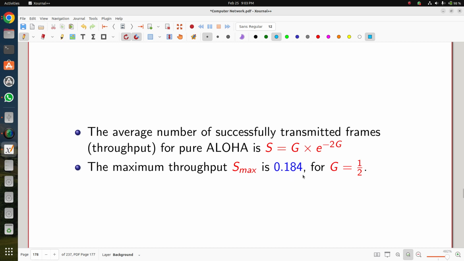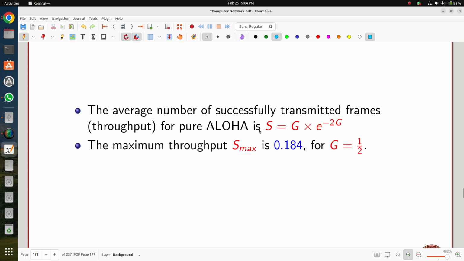The maximum value of S: if you differentiate it, this is actually a function, and if you calculate the maxima of this function, you will get that the function is maximized at this point, G equal to 1/2, and then it becomes maximum. So the maximum throughput offered by ALOHA is only 0.184, that means 18.4%. You see that it is very low.